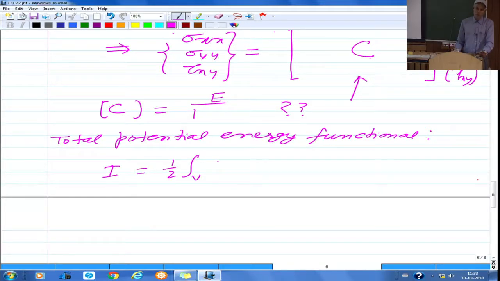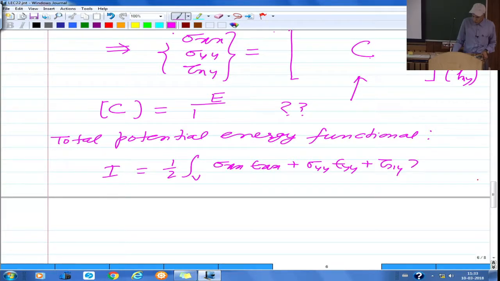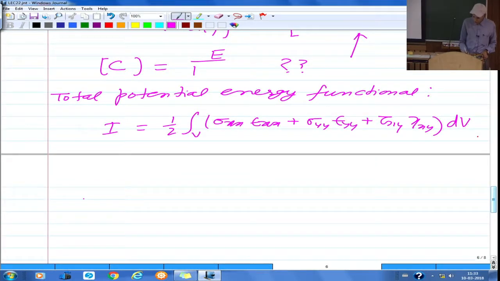These are the three terms. There is no sigma zz or epsilon zz, since one of them is always 0 for plane stress and plane strain. So this is term 1, right?